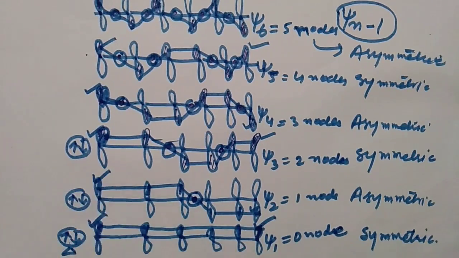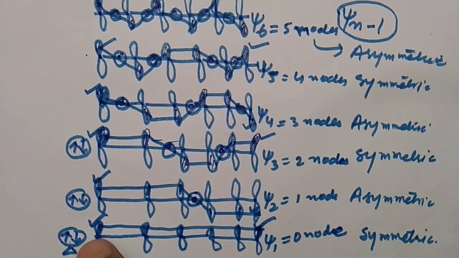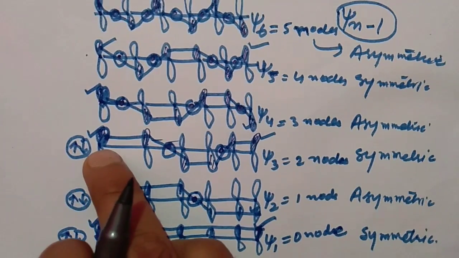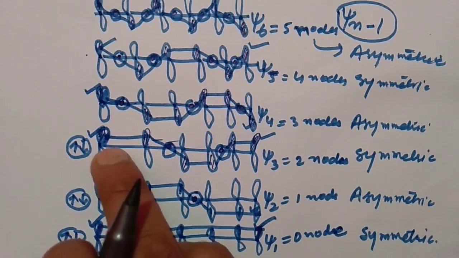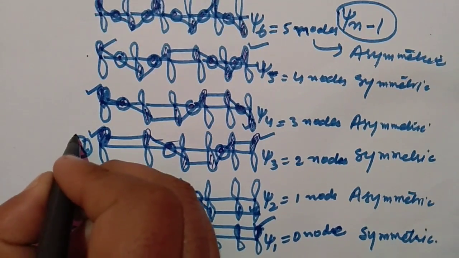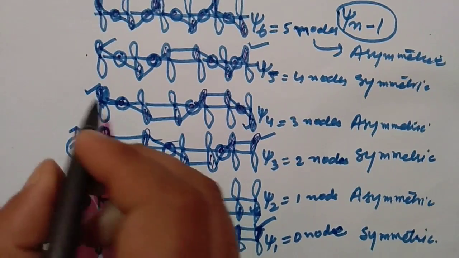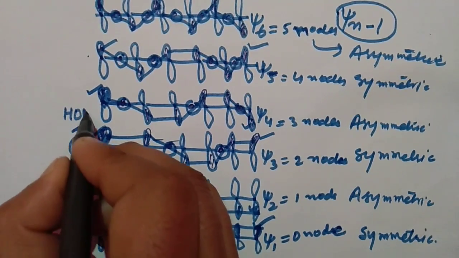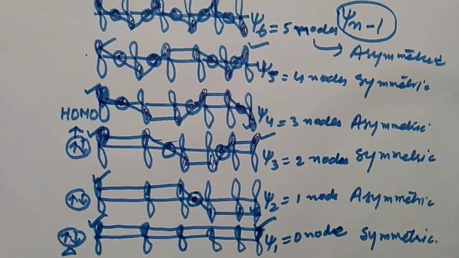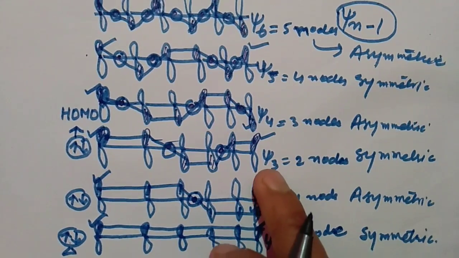These are orbitals in which there are electrons. These are occupied molecular orbitals. This is the lowest occupied molecular orbital and this is the highest occupied molecular orbital. So for thermal conditions psi 3 is HOMO.